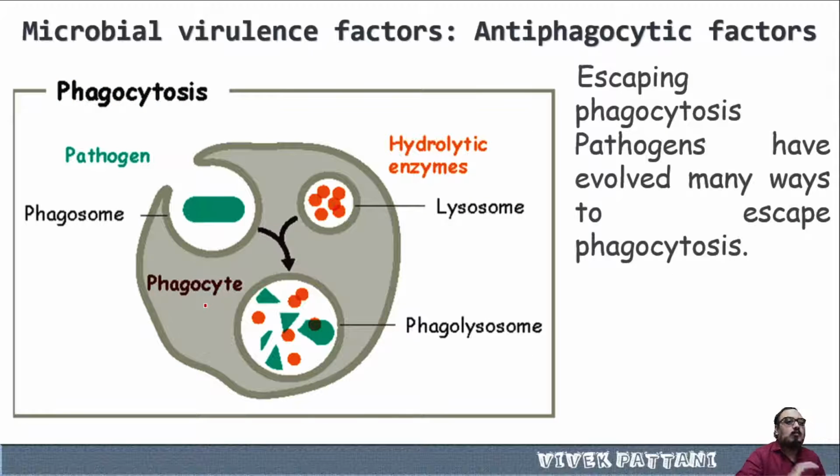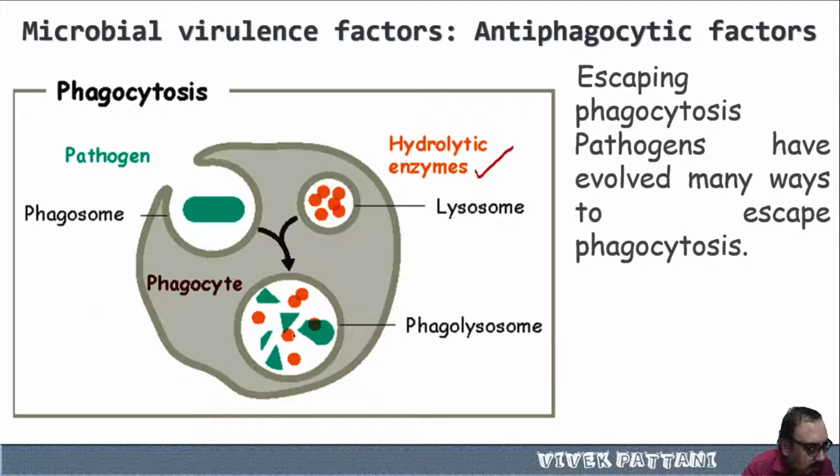Now, how do these antiphagocytic factors help in escaping phagocytosis? Pathogens have evolved many ways to escape phagocytosis, one of them being through hydrolytic enzymes.